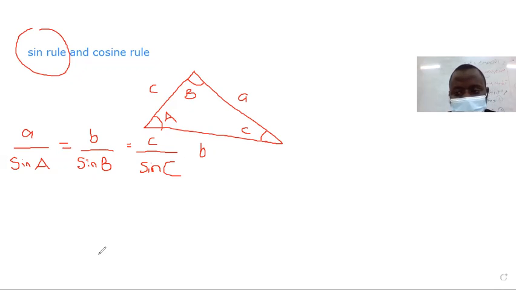This is sine rule. A over sine A is equal to B over sine B is equal to C over sine C.